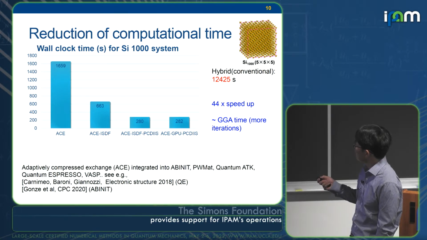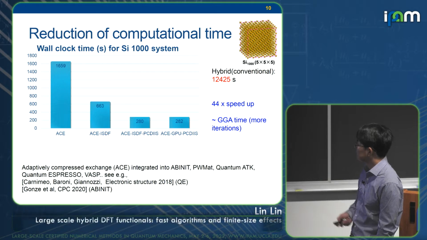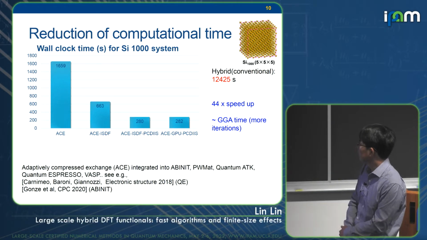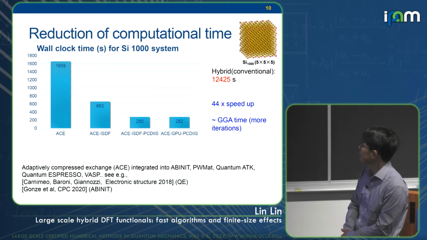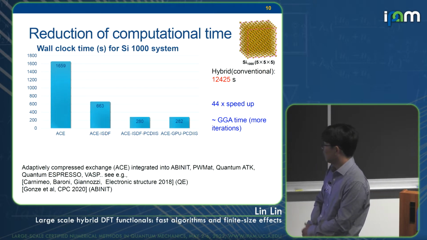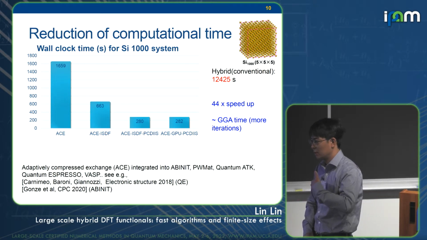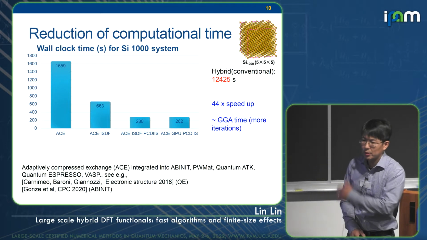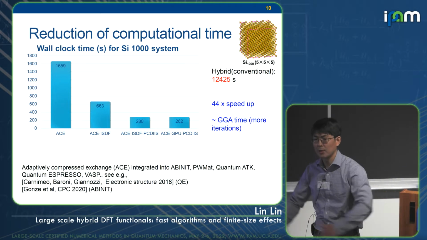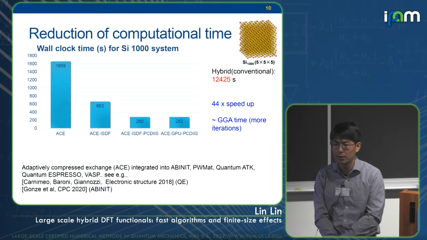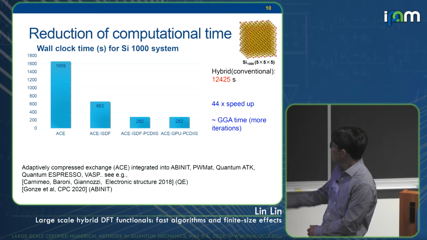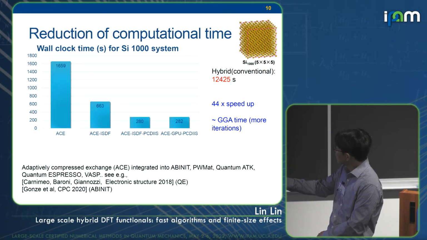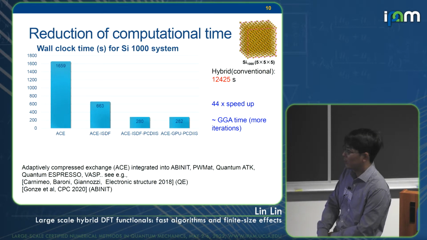If you do the hybrid calculations of this silicon with 1,000 atoms, the conventional solver, which is the pseudocode I showed you earlier, takes about 12,000 seconds. This is the calculation from the beginning all the way to the end. So this is the total time to converge, not just a single SCF step. So that's like on top of the roof. Just by using ACE alone reduces the cost by a factor of 8 or so.